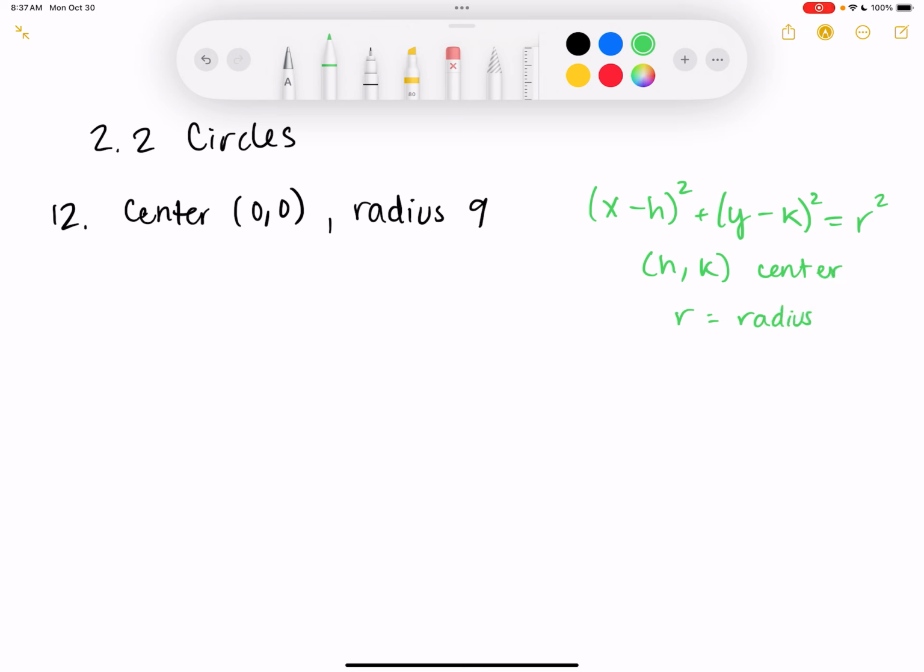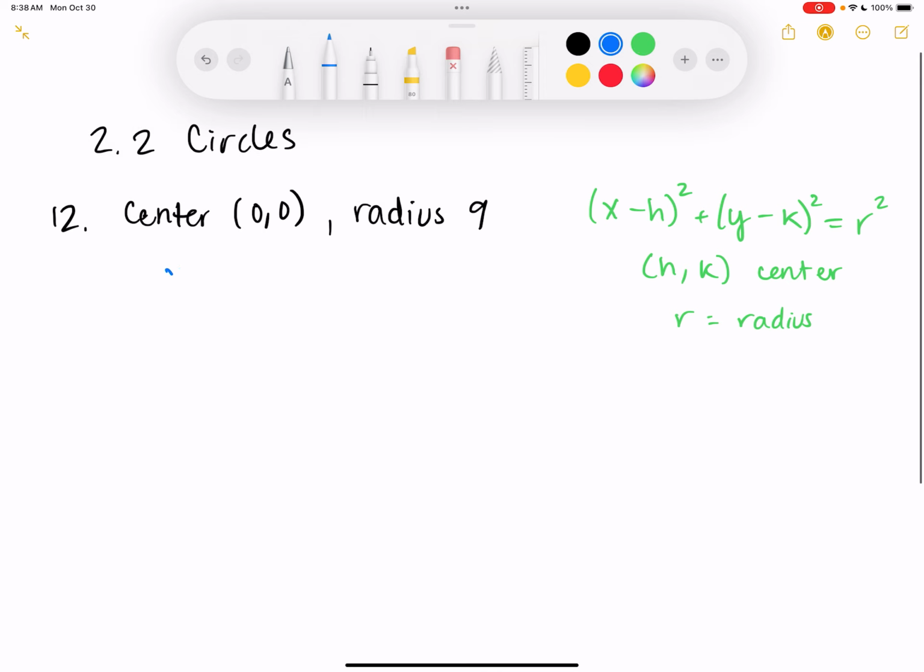So in this case, my center is at 0, 0, so all I have on the left side is x squared and y squared because h is 0, k is 0. So this is going to be x squared plus y squared is equal to, they give us radius, so I'm just plugging that in for r.